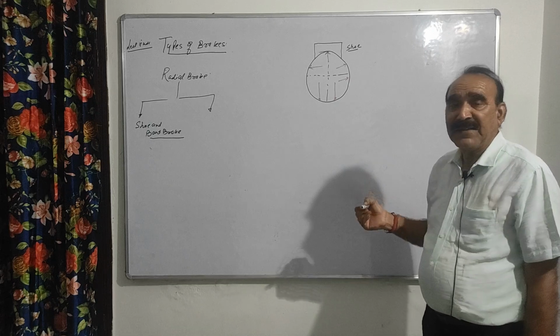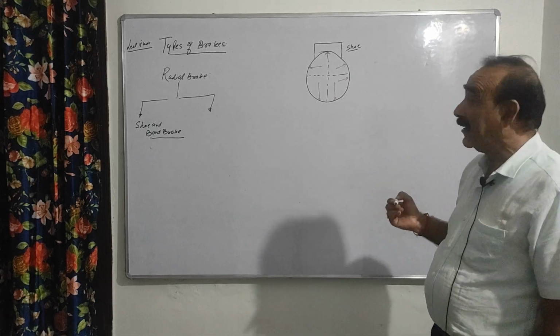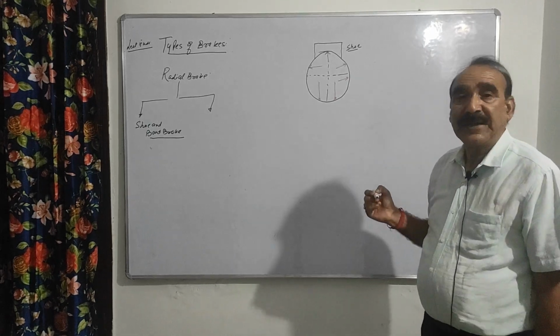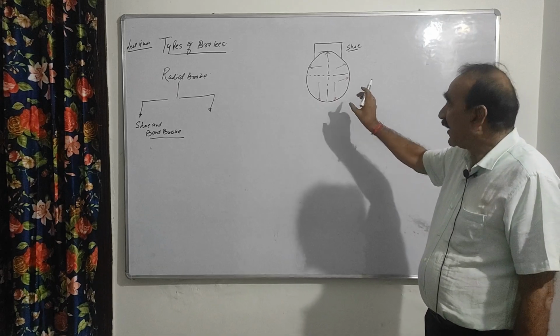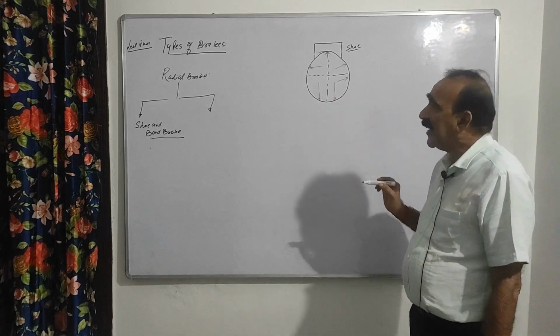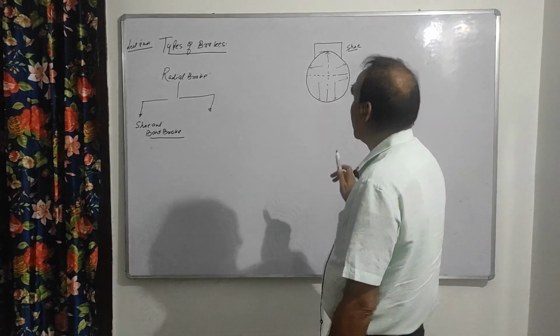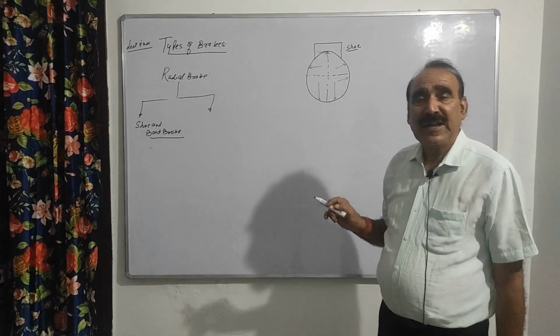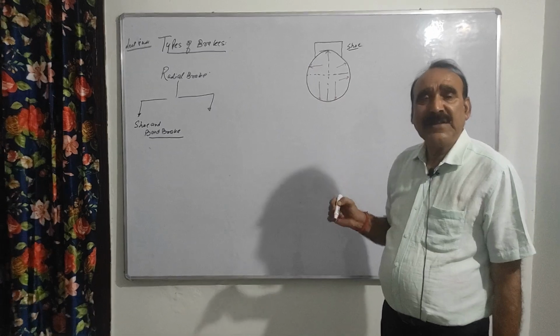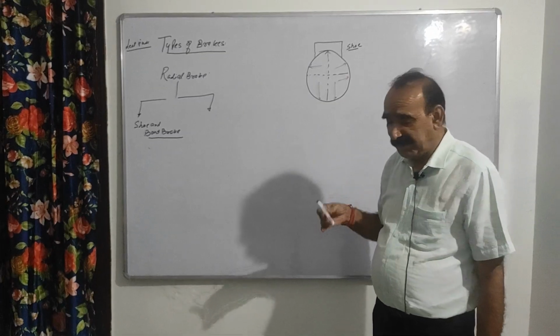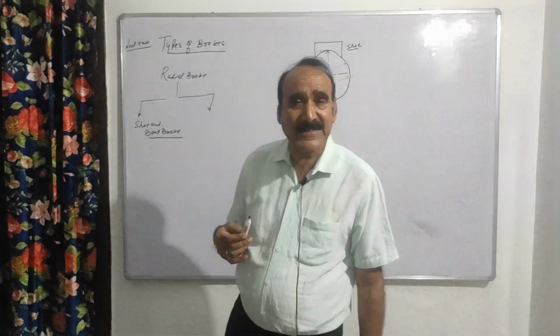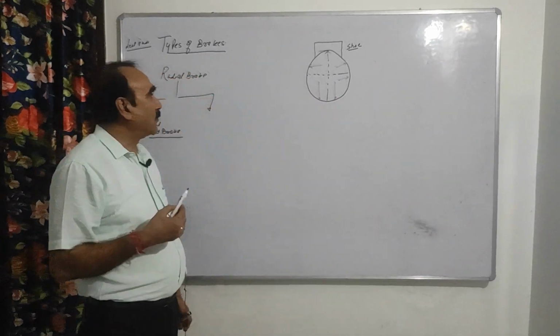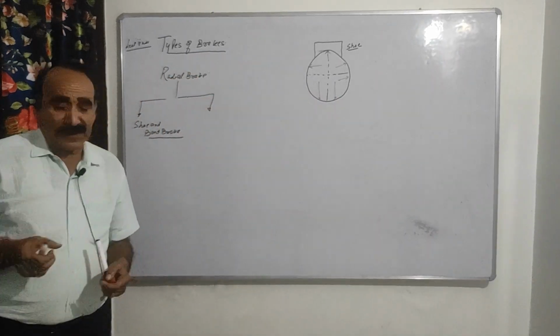In the radial brake, pressure acts radially on the drum, right? Whereas in axial brake, the pressure acts along the axis on the drum.